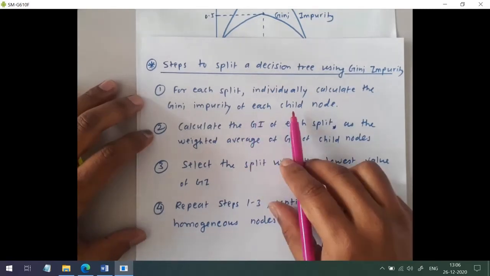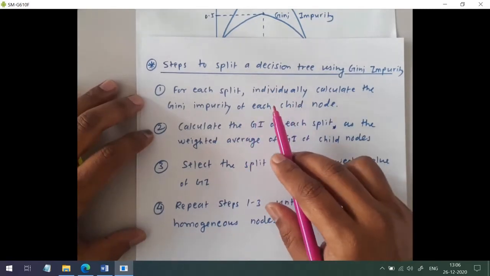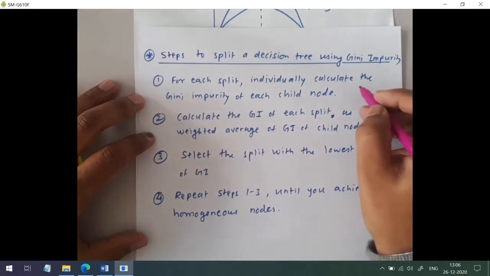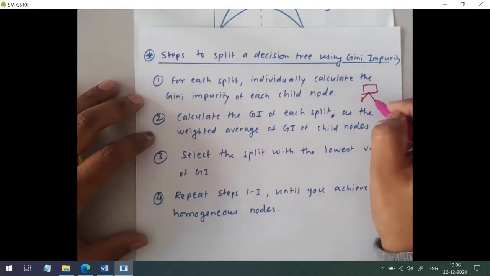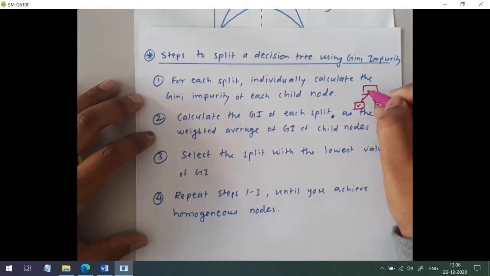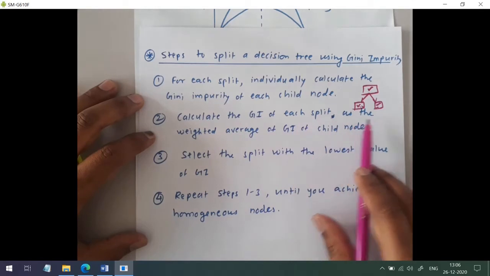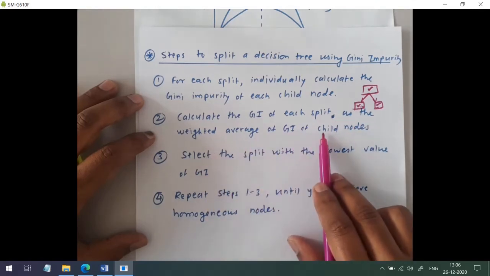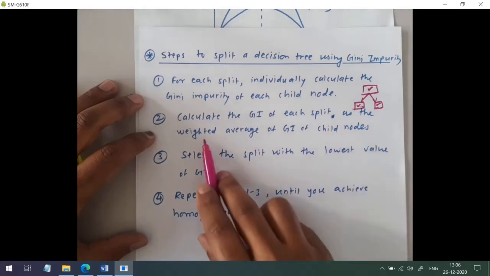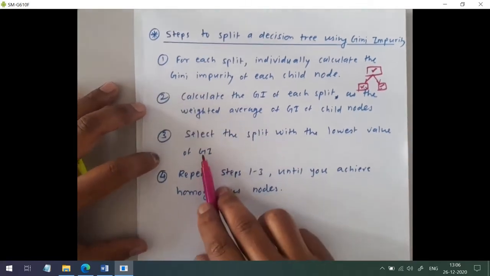For each attribute there will be branches, so we calculate the Gini impurity for the left child and right child, and then the Gini impurity score for the root node of that tree. It is a weighted average of the Gini scores of its children. What a weighted average is, I will tell later on.